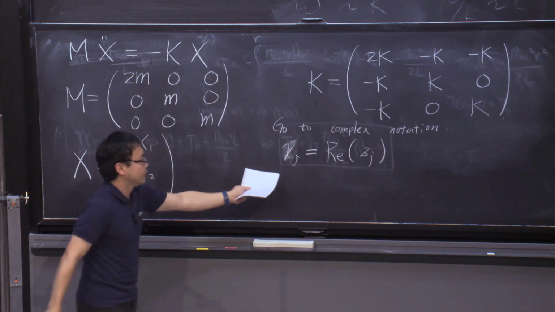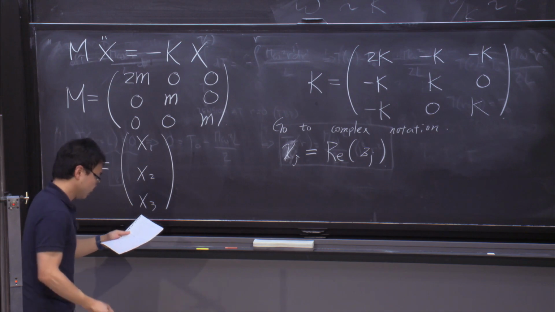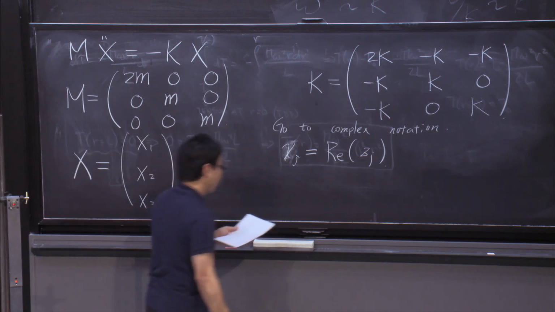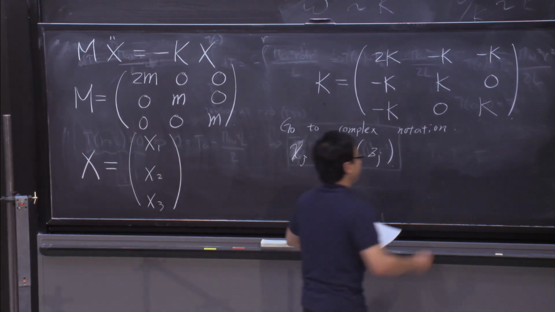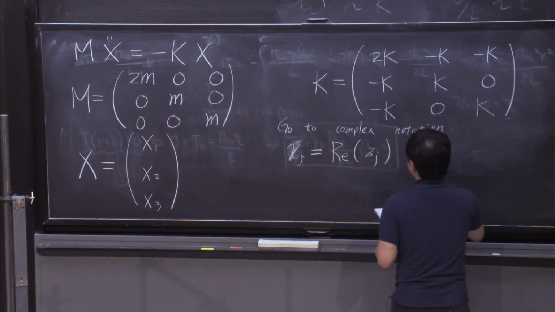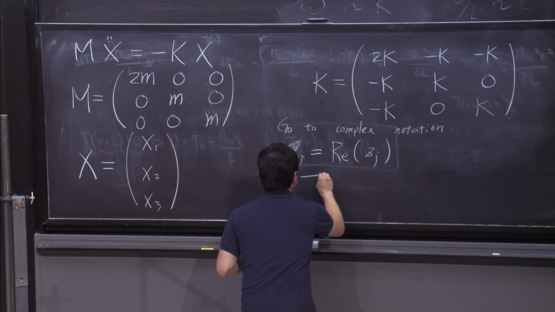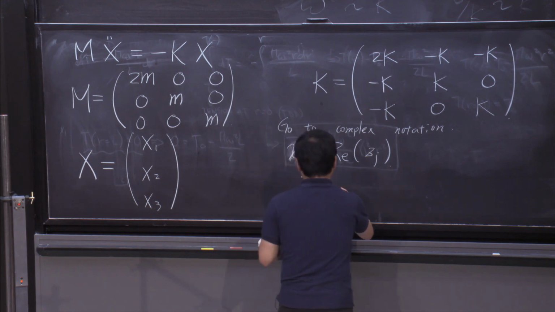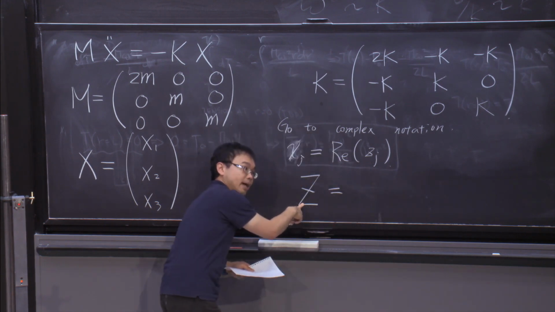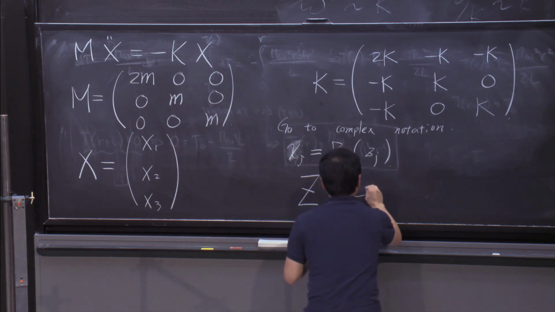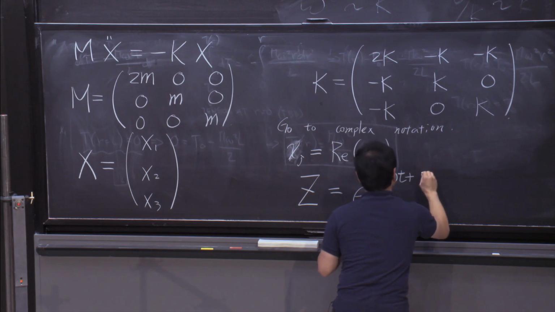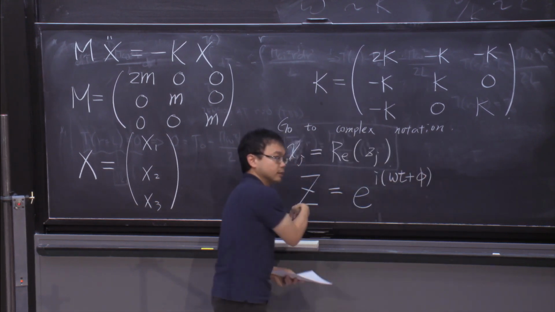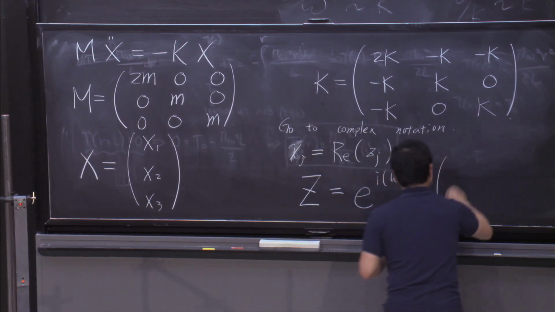Okay, small xj equal to the real part of zj. Therefore, I can now write everything in terms of matrix again. So now I can write the solution to be Z. The capital Z is a matrix, exponential i omega t plus phi. This is the solution I have.